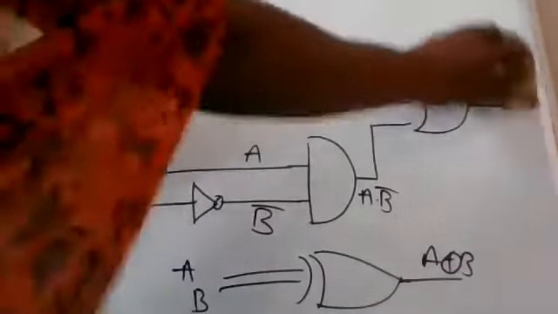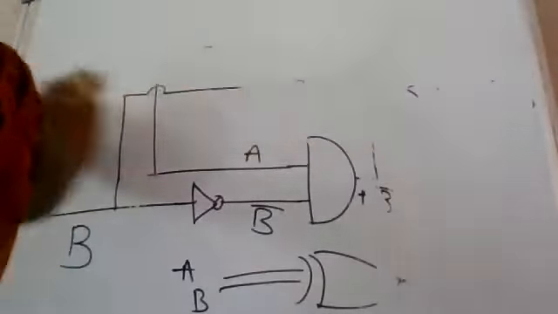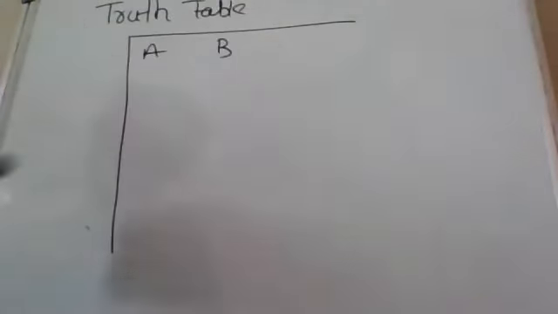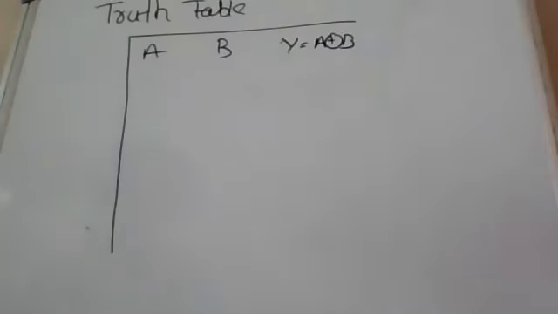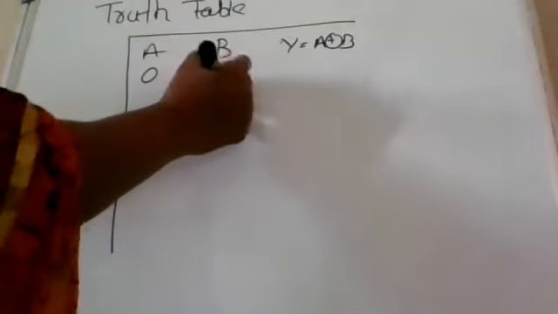Next, truth table for exclusive OR gate. Here also we have 4 cases. A, B inputs, Y equal to A exclusive operation B. So 0, 0 condition.